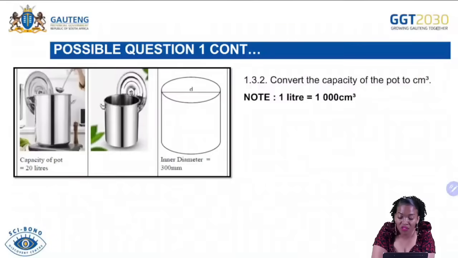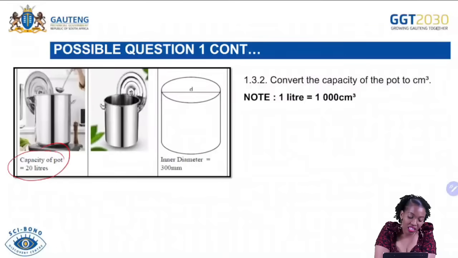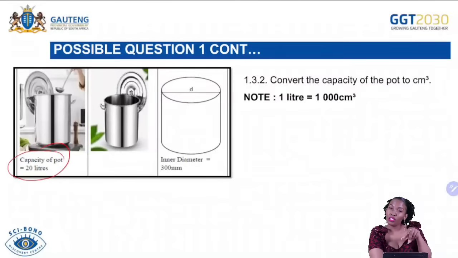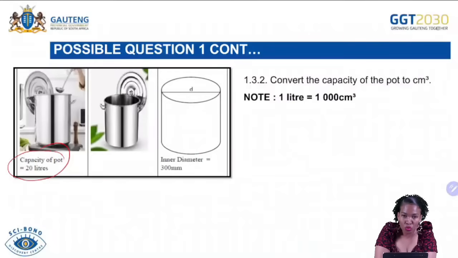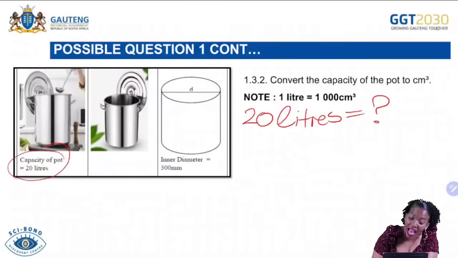Convert the capacity of the pot to cubic centimeters. Remember, we are given the capacity of the pot here. They say it is 20 liters, meaning that this pot can hold a total of 20 liters of soup. So they want us to convert this 20 liters to what? To cubic centimeters. So you will say, okay, I must convert 20 liters to what? I don't know. But what do I know?